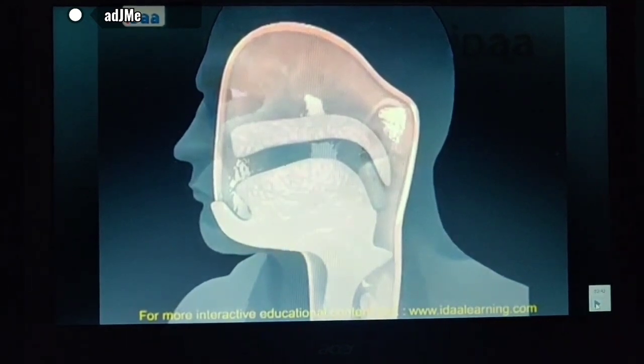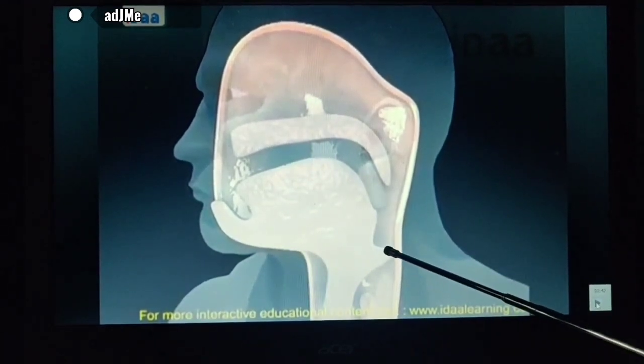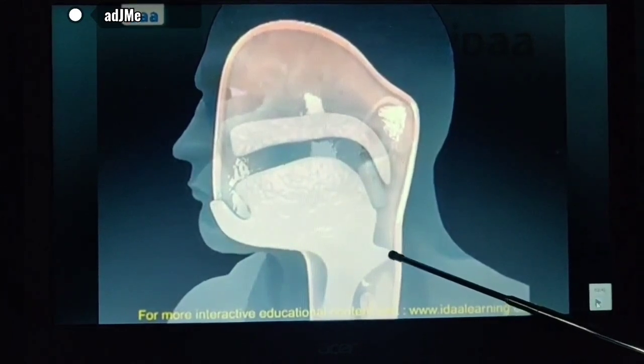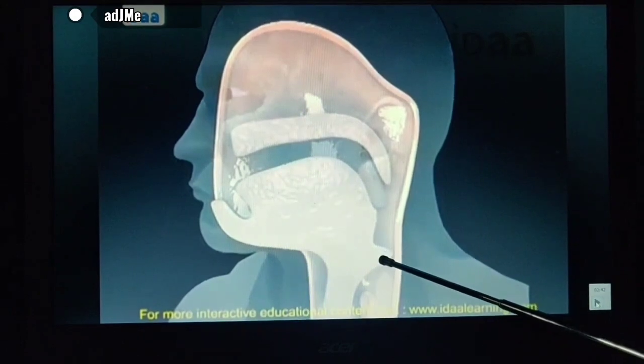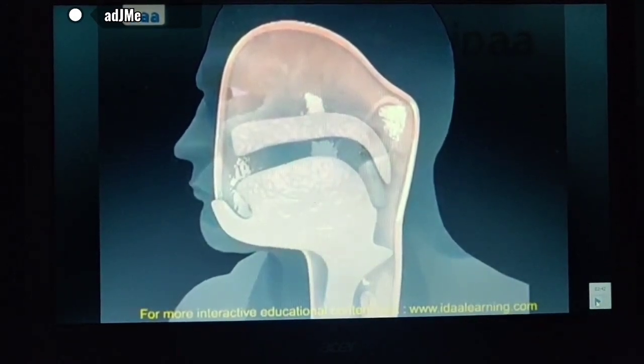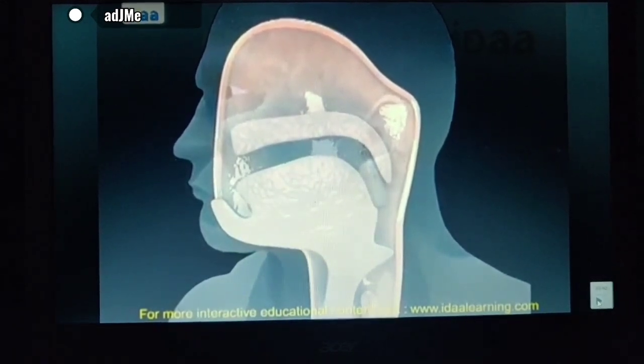epiglottis. So if you look into this picture, you come across a small structure which is called the epiglottis. Actually this opening is called the glottis. Above this glottis, this small flap is present, and so this is called the epiglottis. Epi means above. Above the glottis it is present, so it is called epiglottis.